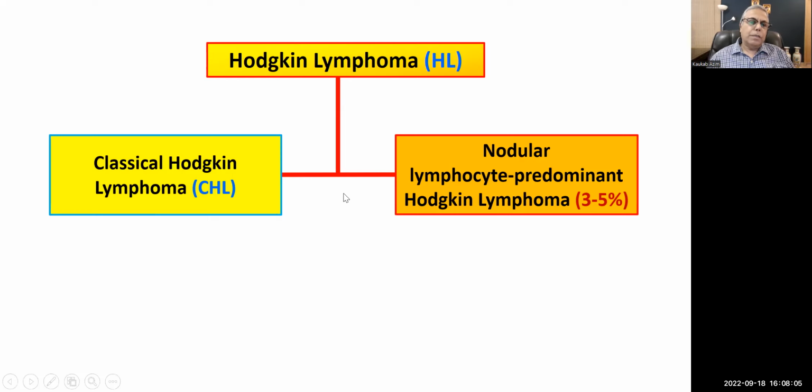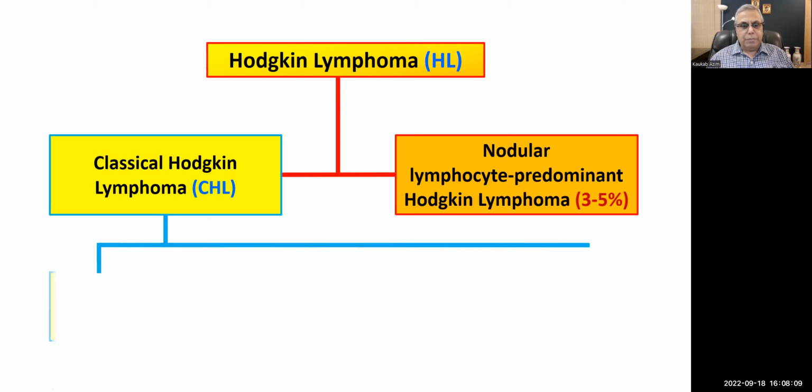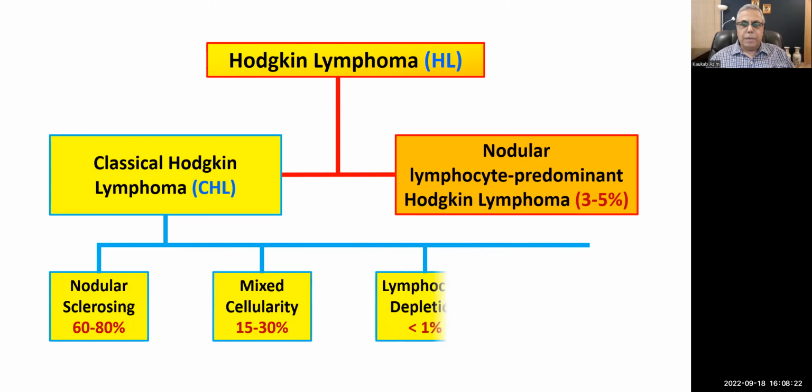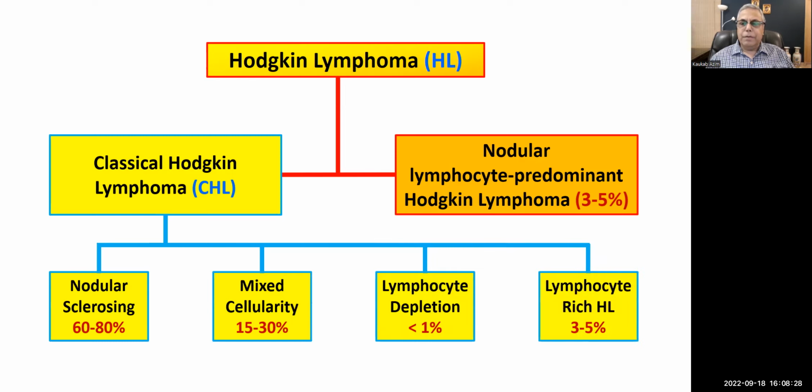Okay. Now, this classical Hodgkin lymphoma is divided into other subtypes, which include nodular sclerosing, which are 60 to 80%. Then we have mixed cellularity, 15 to 30% of all Hodgkin lymphomas, lymphocyte depletion less than 1%, and we have got lymphocyte-rich Hodgkin lymphoma, which is 3 to 5%.